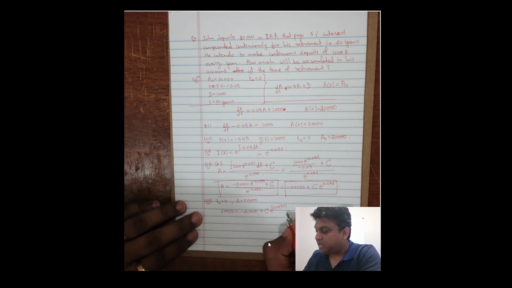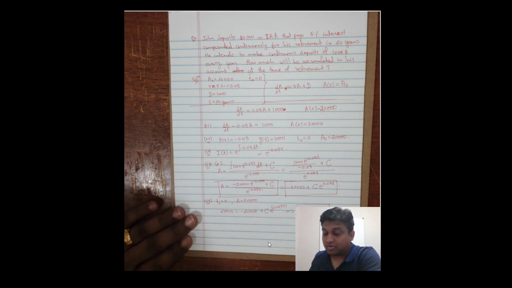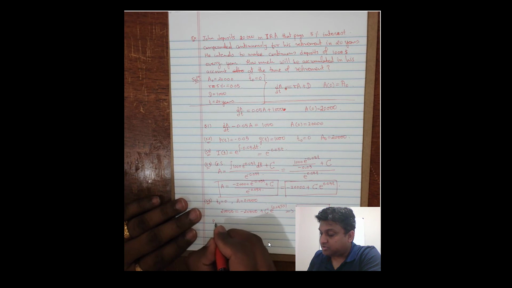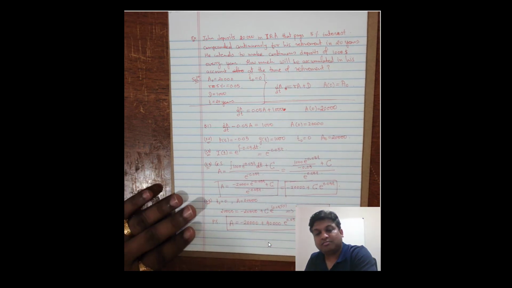I'm going to move that 20k over to the other side. 20k plus 20k is 40k, and e to the 0 is 1. Out of infinitely many choices of C, this is the one that satisfies our initial data. So the particular solution is going to be A equal to negative 20k plus 40k e to the 0.05t. It's a pure function of time.